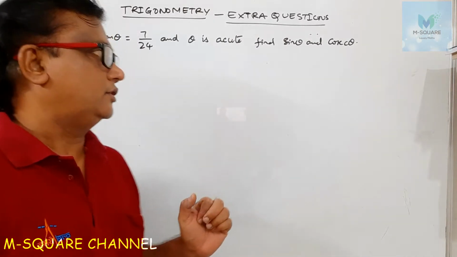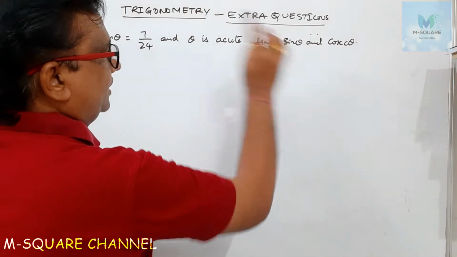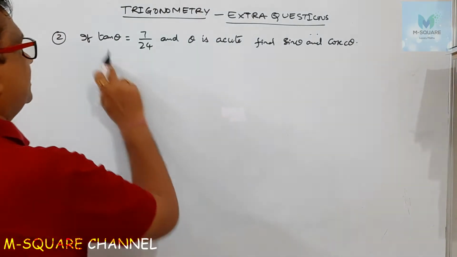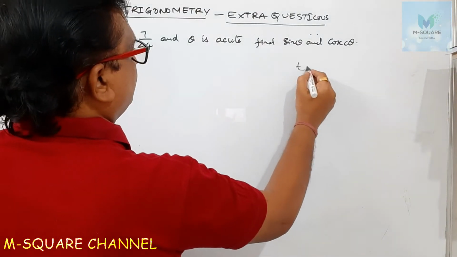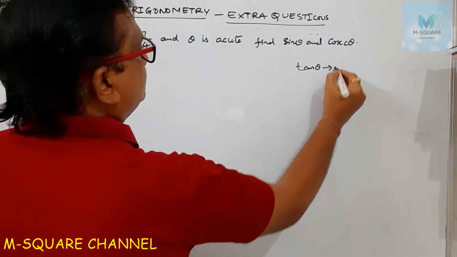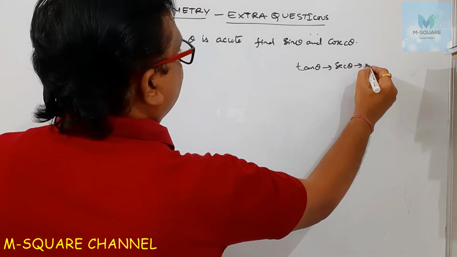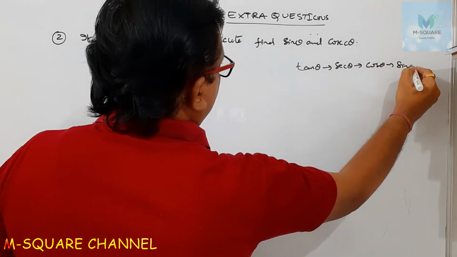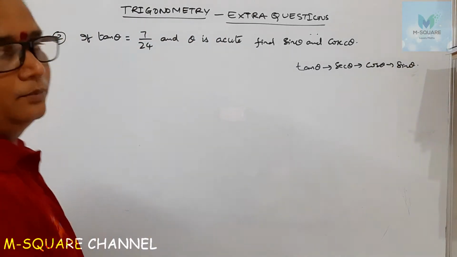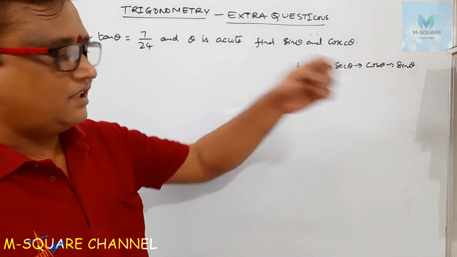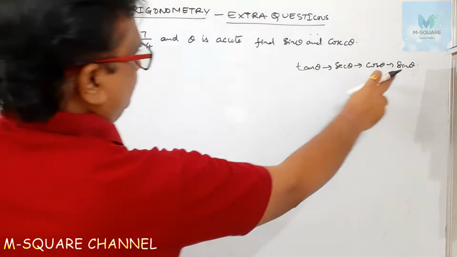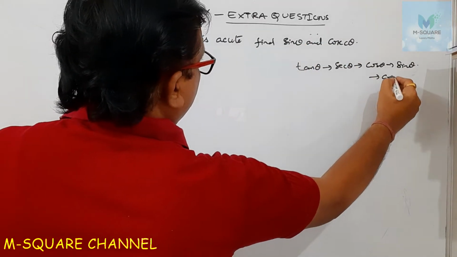So we want sin theta. What is the relation between sin theta and tan theta? Just think: tan theta to secant theta, secant theta to cos theta, cos theta to sin theta. This is the procedure. After getting sin theta, we take cosecant theta because the reciprocal of sin theta is cosecant theta.